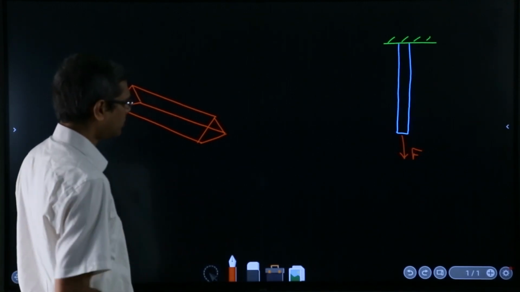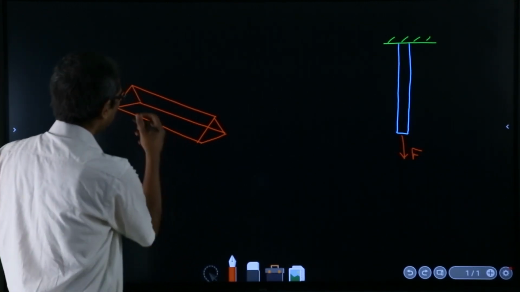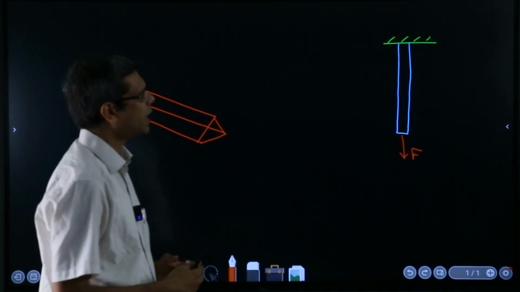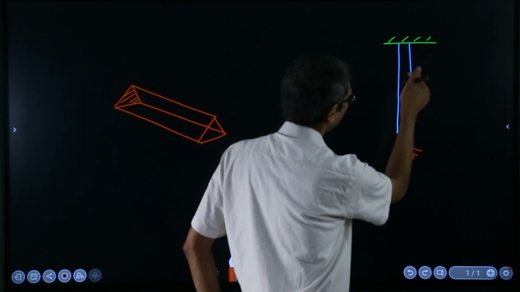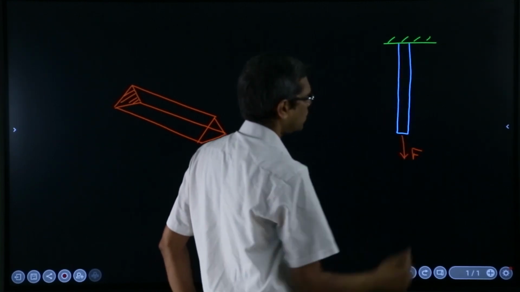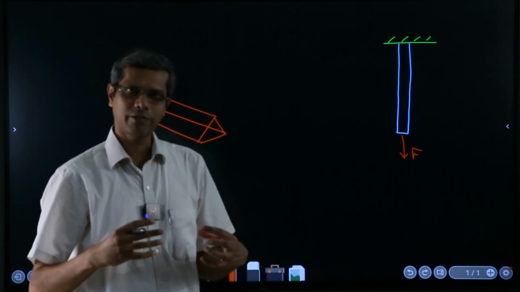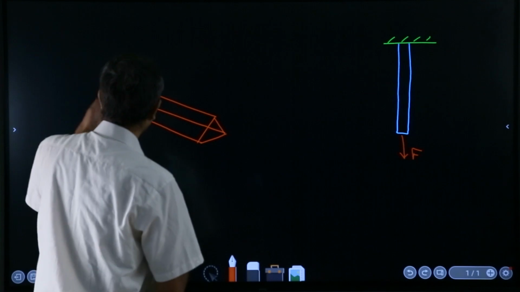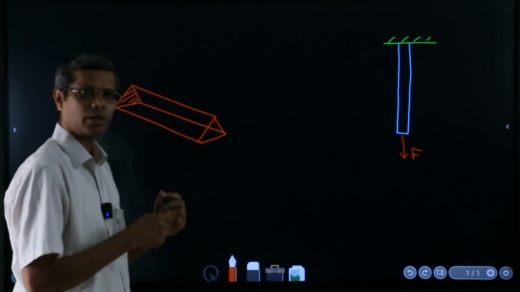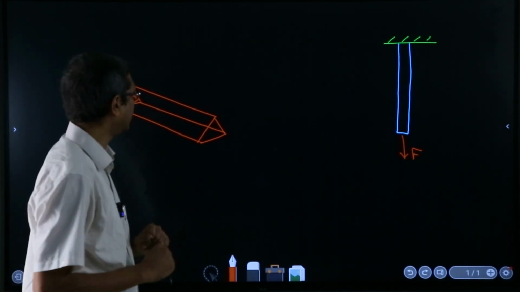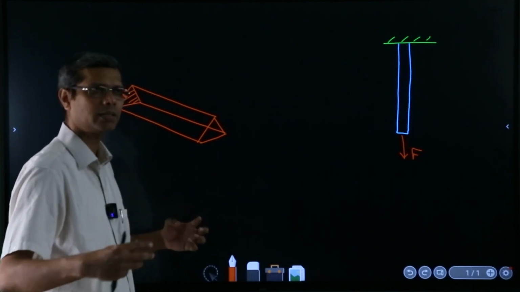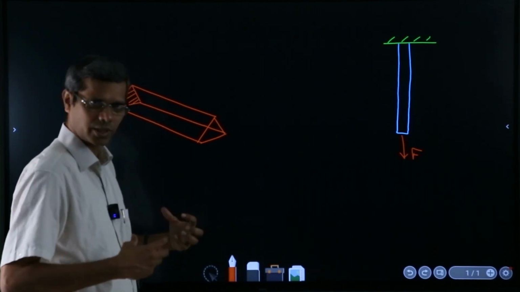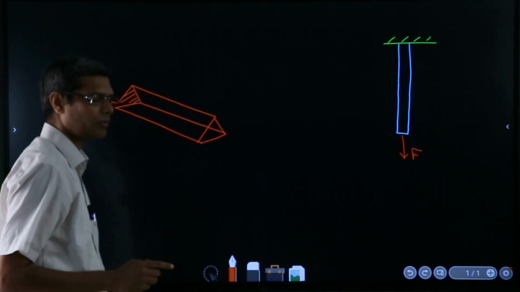Okay, so something like that, and there is no restriction on the cross section which we try to extrude. Similarly in this case there is no restriction on the shape of the cross section of this bar, but whatever it is, it is just extruded. It means the cross section has been moved perpendicular to its own area by a certain distance, and that distance is generally considerably more than any of the dimensions of the area.